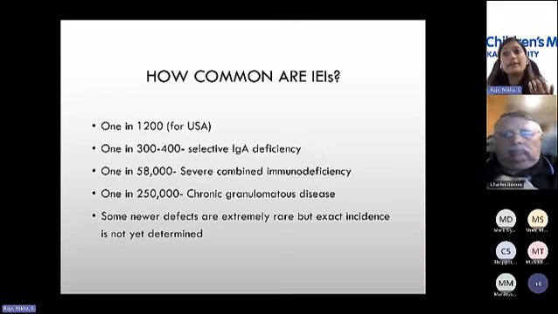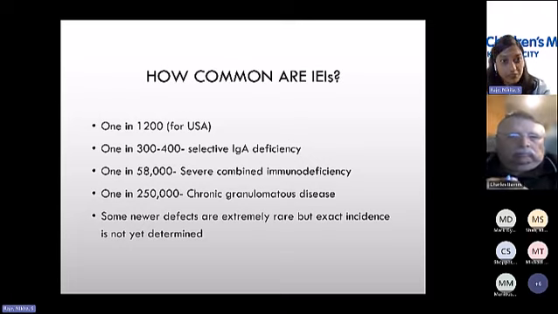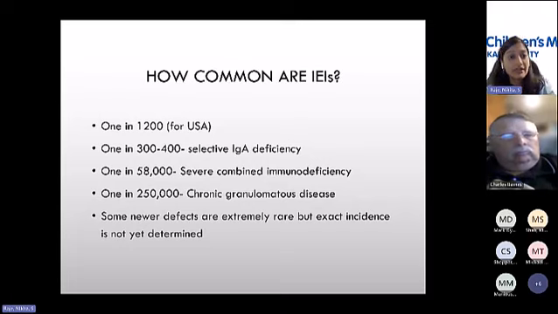Now we know that the prevalence or incidence differs based on the type of immunodeficiency. So it could be as common as 1 in 300 or 400 for something like selective IgA deficiency, or as rare as chronic granulomatous disease, 1 in 250,000. But for newer defects, we really don't have the exact incidence determined yet.